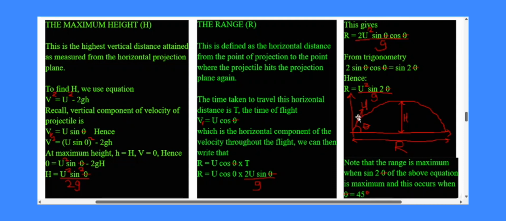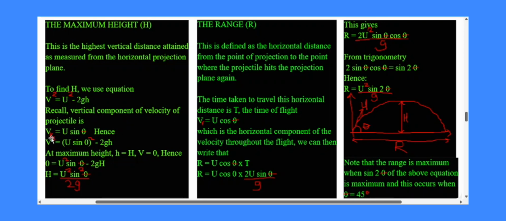So what is the component of this u? The initial velocity of the object along the horizontal would be u cos theta, and along the vertical, it will be u sin theta.